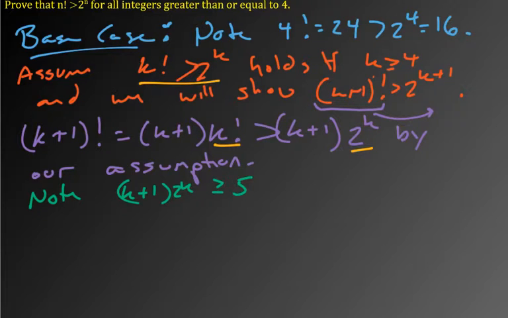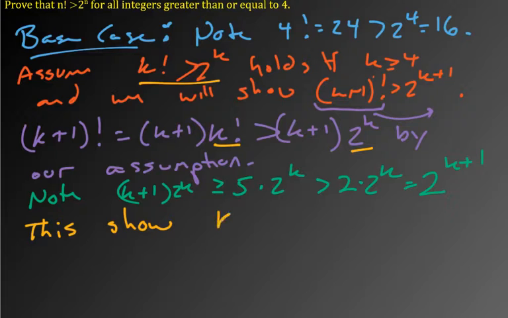So 4 plus 1, 5, times 2 to the k, which is greater than 2 times 2 to the k, right? 5 is bigger than 2, and that is equal to 2 to the k plus 1. And so if you trace this through, this shows k plus 1 factorial is bigger than 2 to the k plus 1.